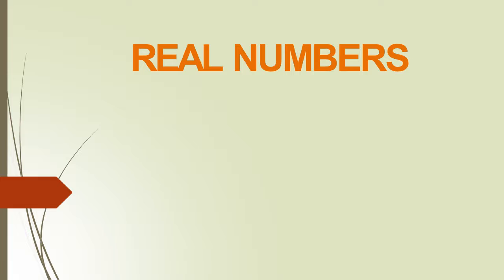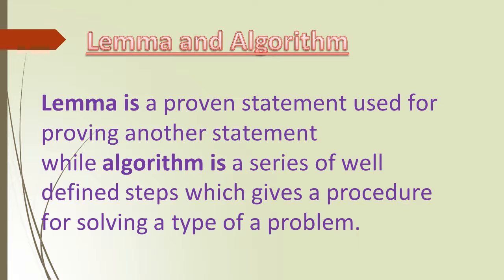So today I'm doing a recap session of the topic real numbers and taking you through the Euclid division lemma and algorithm. It was already shared with you through the modules what the meaning of lemma and algorithm is.